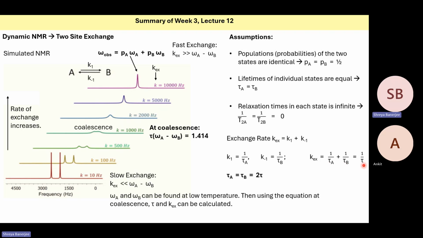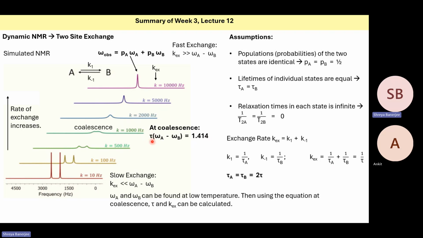If you take this tau and multiply it by omega A minus omega B, you will get 1.414. So how does this equation help you? Basically, if you take the spectra where slow exchange is happening, you can find omega A and omega B. Then using this formula, you can find out tau.